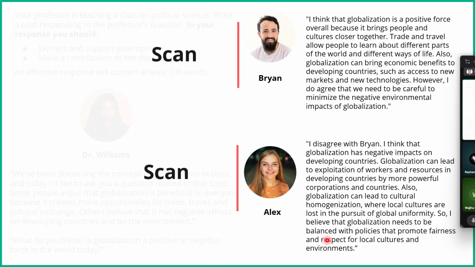So the second section is the other students' points. For example, we have two students answering what the professor asked under the post. For example, the names could be Brian, could be Alex, and so on.